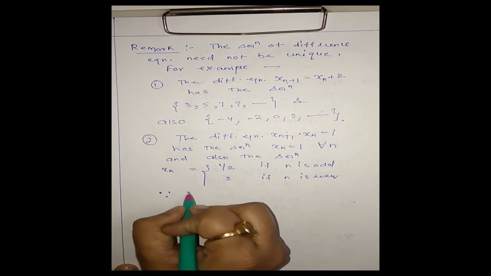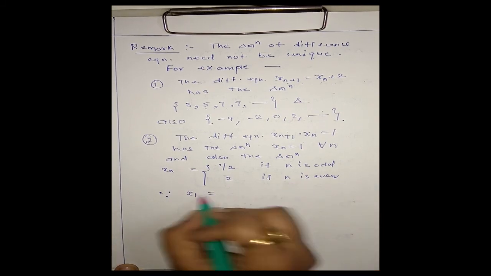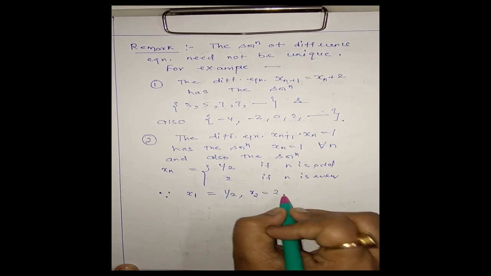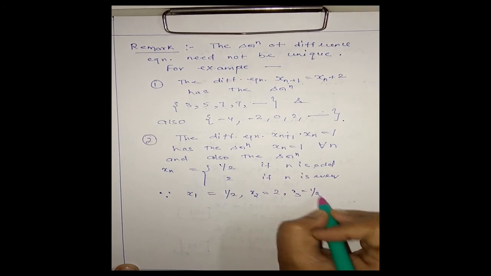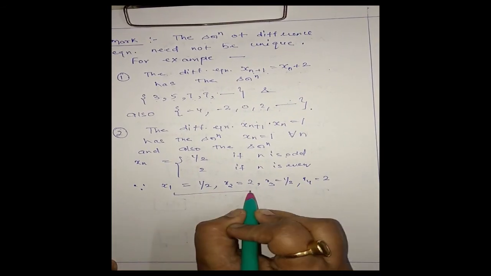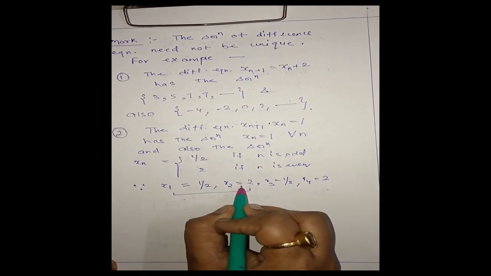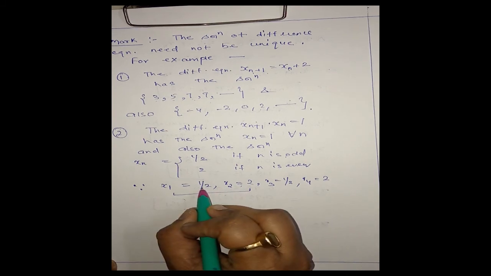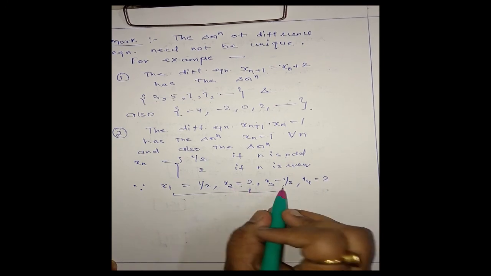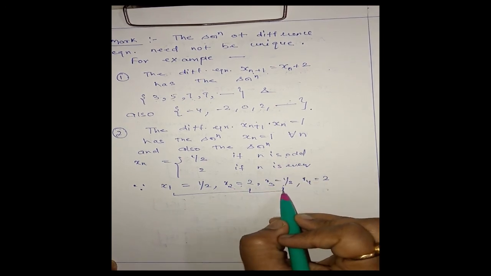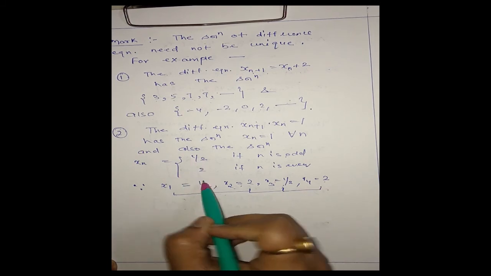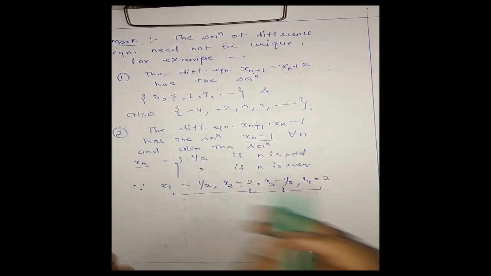Since x1 is odd, x1 is 1 by 2, x2 is 2, x3 is 1 by 2, x4 is 2, and x1 into x2, 1 by 2 into 2 is 1, then x2 into x3, 1, and x3 into x4, again 1. That means this is also a solution and this is a solution. Clear?